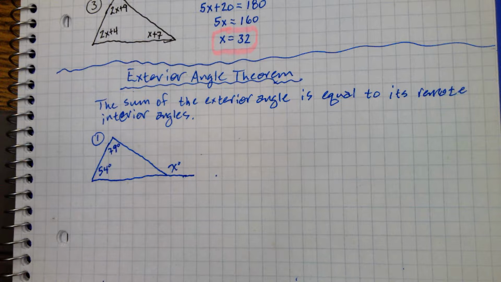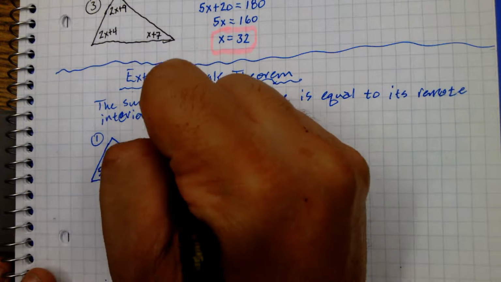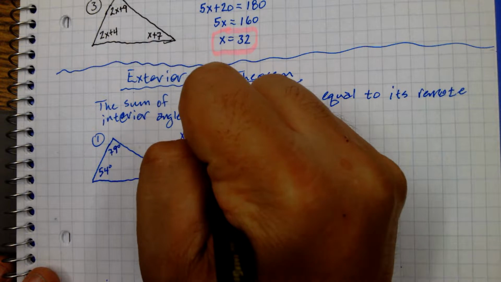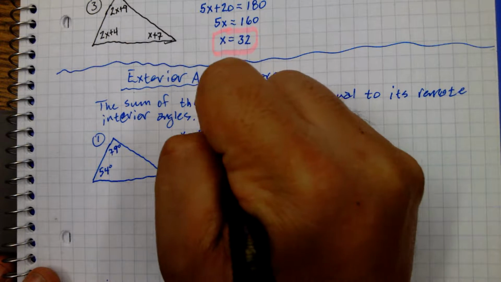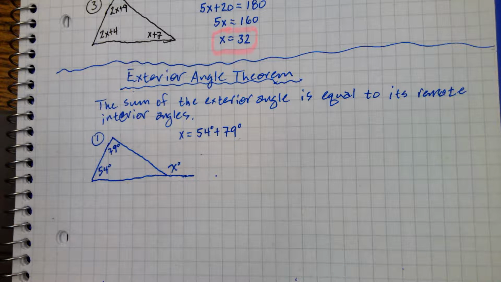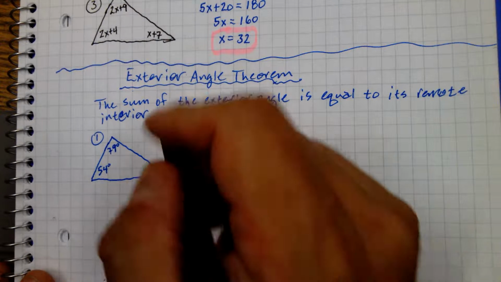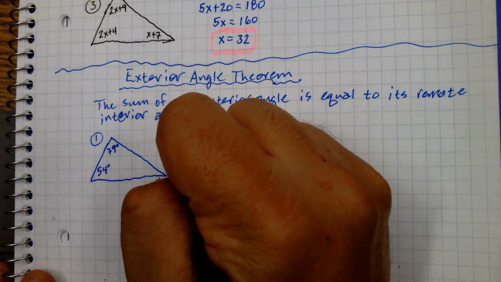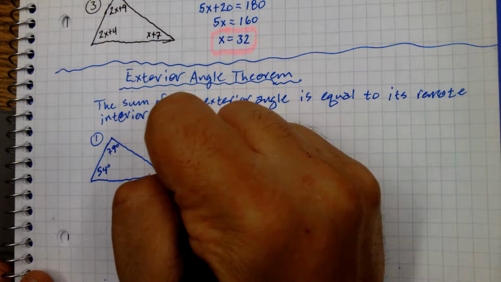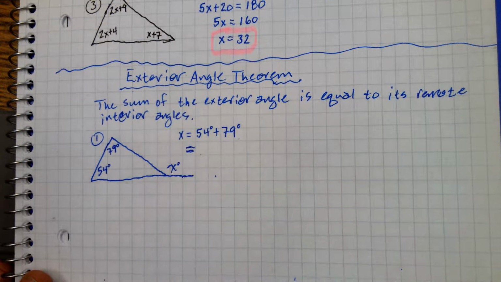Yeah. Add the remote interior angles. So x is going to equal 54 plus 79. All right. And so x is going to equal 133. Check my math.